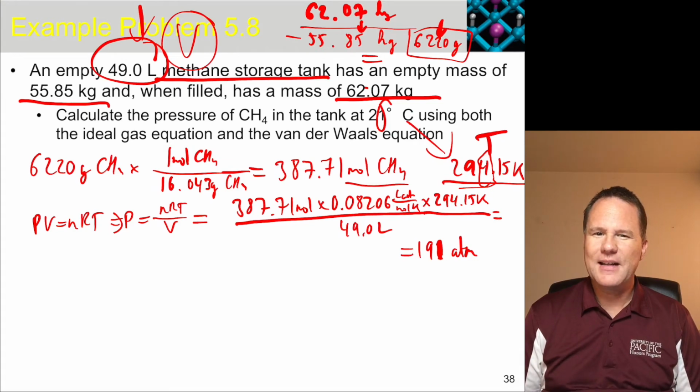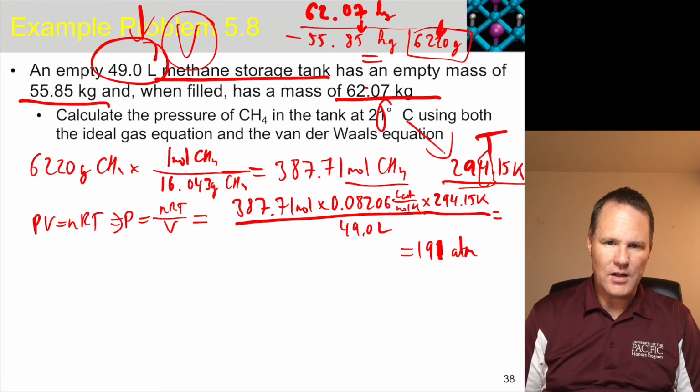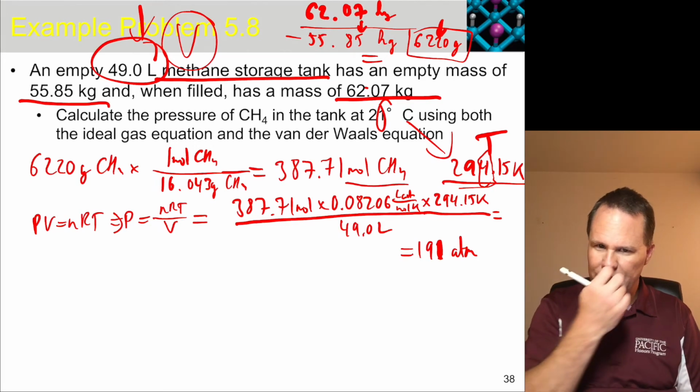But at 191 atmospheres, 200 times atmospheric pressure, I feel there's something off, right? The real gas law should give us a better value. So how would we do that?